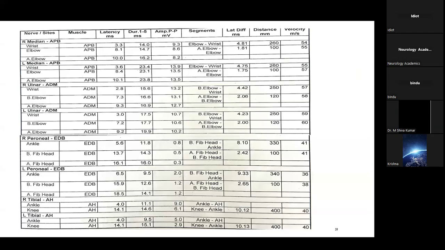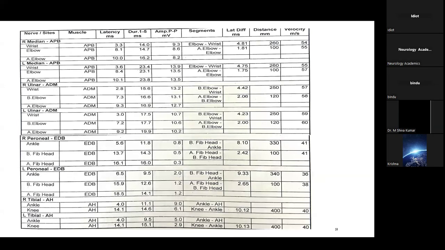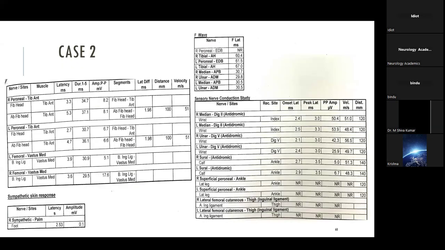In the nerve conduction study, in the CMAP, there is asymmetry between the left and the right for peroneal as well as tibial. Tibial not significant. So for peroneal, there is asymmetric involvement, left more than right.